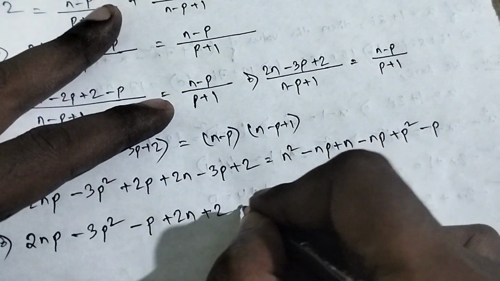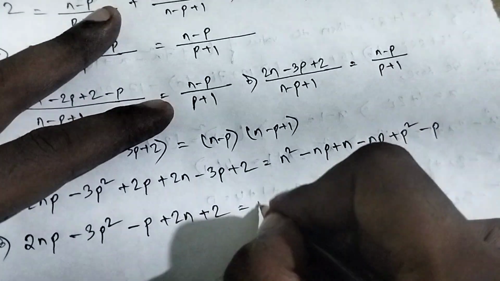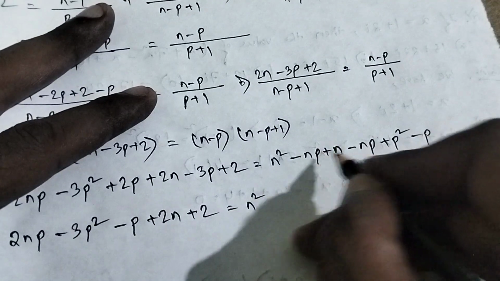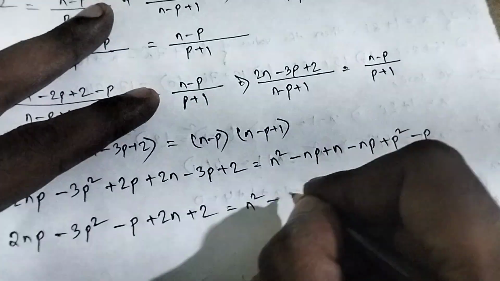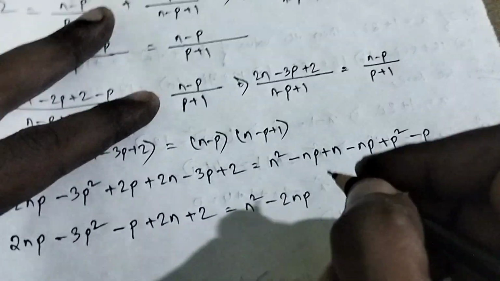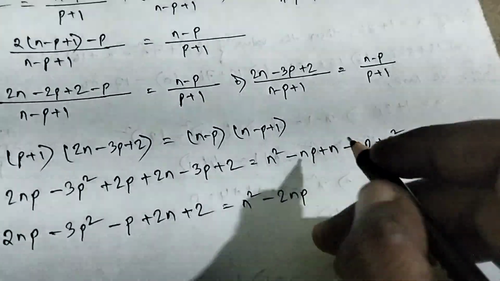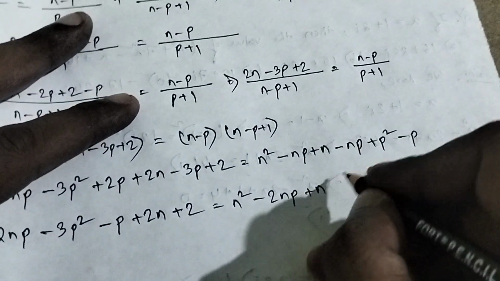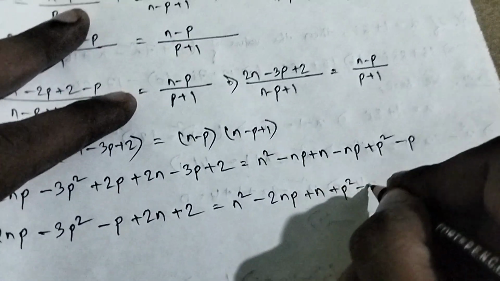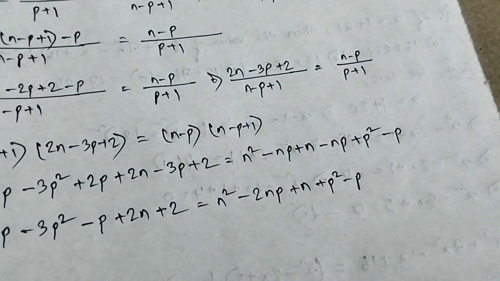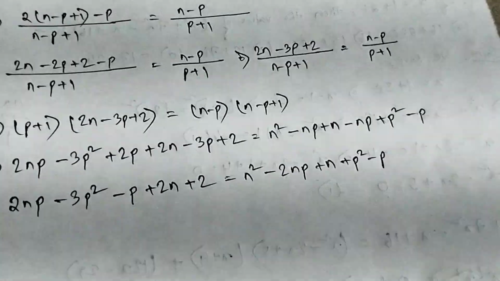Here we have n square minus np minus np, that is minus 2np. Clear? Plus n plus p square minus p. Okay, clear?